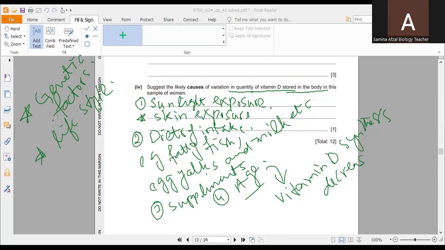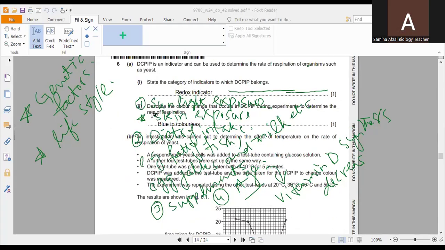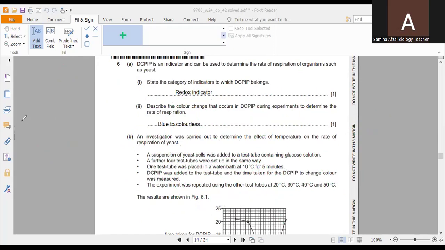So all these factors can play a role. You can write any one of these with explanation. Now it was all about question number 5. Now we are moving towards question number 6.